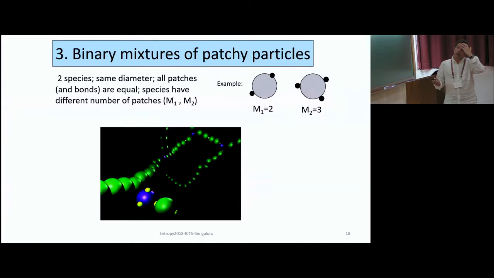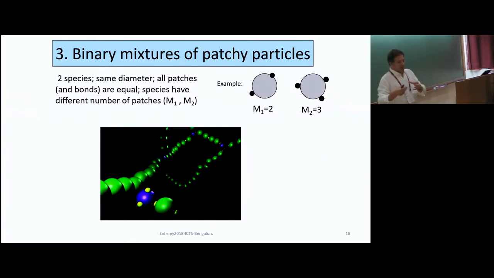And the only distinction between these two species is the number of patches. For instance, in this example, one of the species has two patches and the other has three patches. And here you have a kind of picture of what you expect to happen. You remember that some slides ago I told you that we get this limit of the empty liquid if you have chains and then some branching.